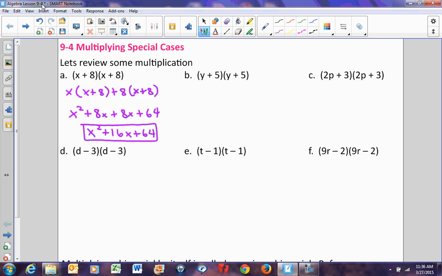We look at y plus 5 times y plus 5: y times y plus 5, plus 5 times y plus 5. So y squared plus 5y plus 5y plus 25, so y squared plus 10y plus 25.